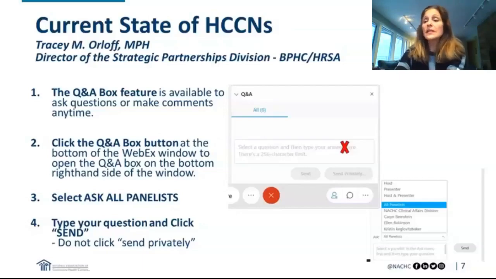So this resulted in the need for the HCCNs to be able to address the increasing level of sophistication of HIT, and so addressing the complex data access and exchange challenges around interoperability across EHRs, meeting health centers' cybersecurity and data protection needs, and then addressing the increasing level of provider burden that has emerged as a result of all this work and using these technologies, all the while balancing the overall goal of providing value-based healthcare.